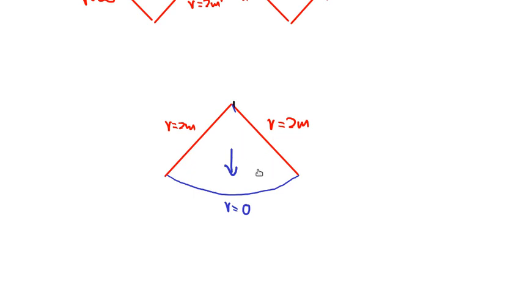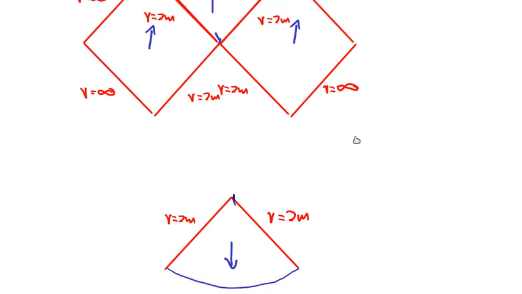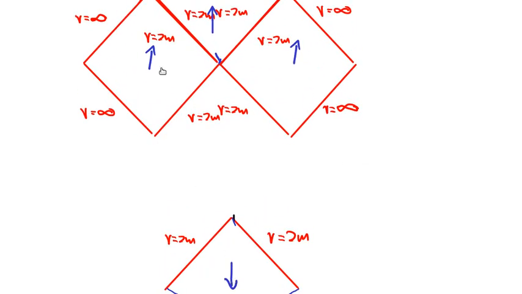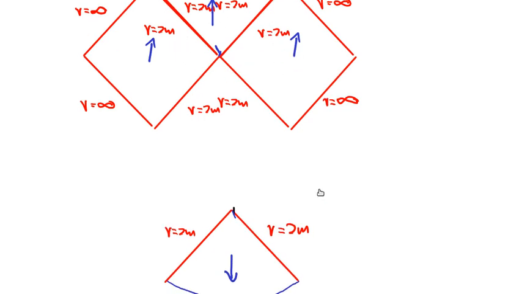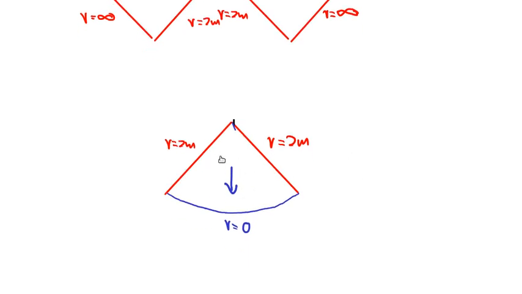But since this is a time orientable space-time, I'm talking about this space-time now, we can choose another time orientation. As it stands now, this time orientation is not compatible with the time orientations of the other regions, but I can just reverse the arrow and make it point in this direction.